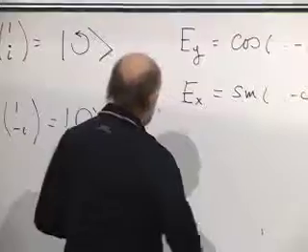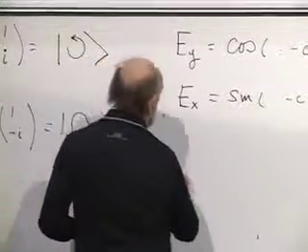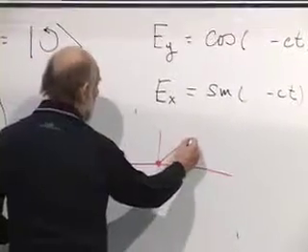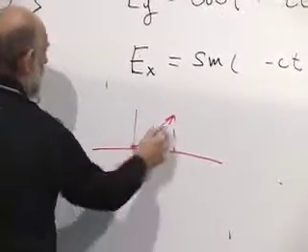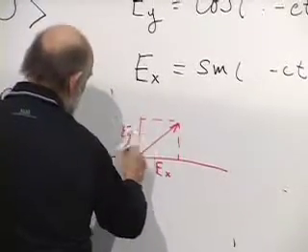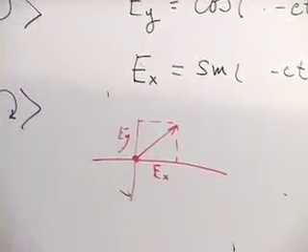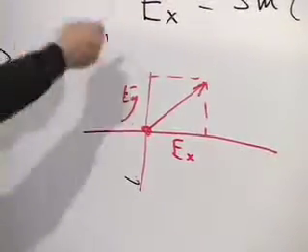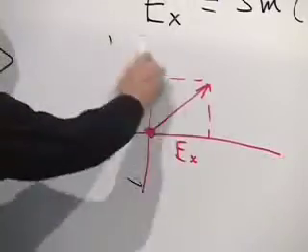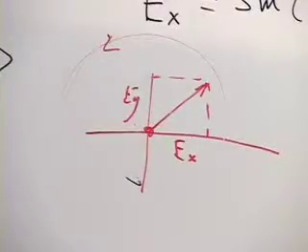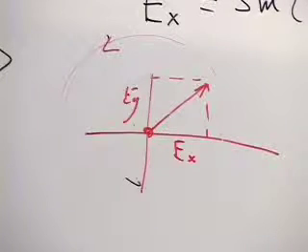These are the equations for an electric field. It has an x component, it has a y component. When the x component is maximum, the y component is minimum, and vice versa. This is an electric field which is just rotating around with a uniform angular motion. That's called a circularly polarized wave.